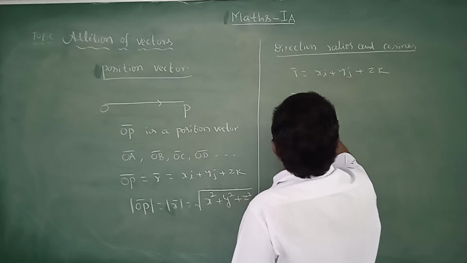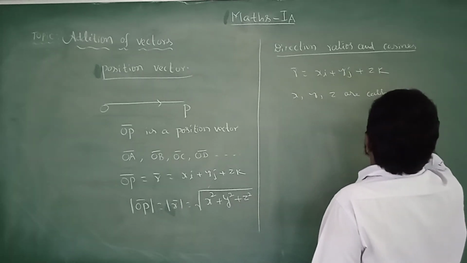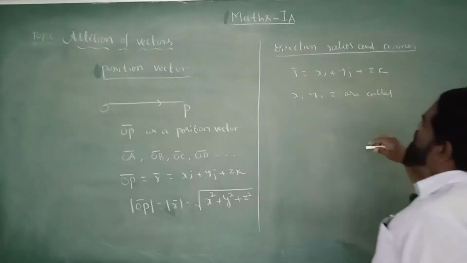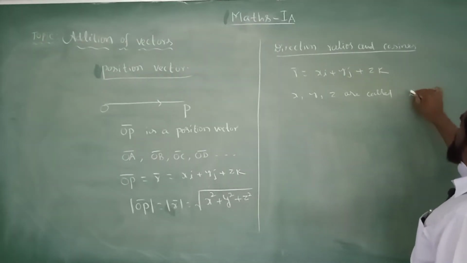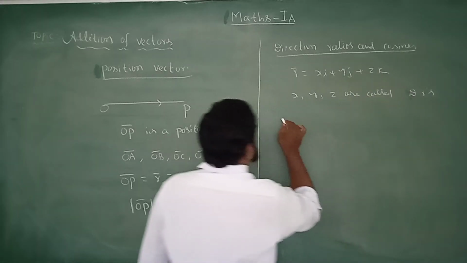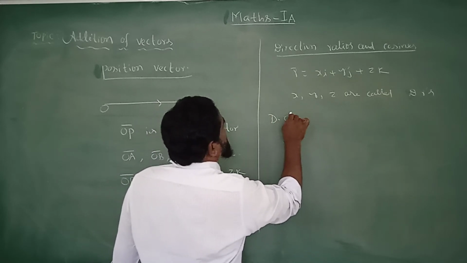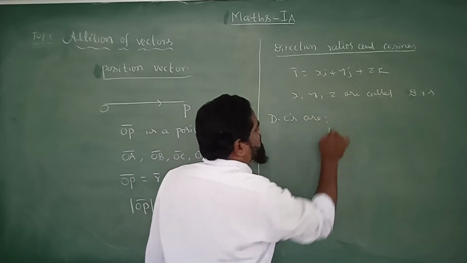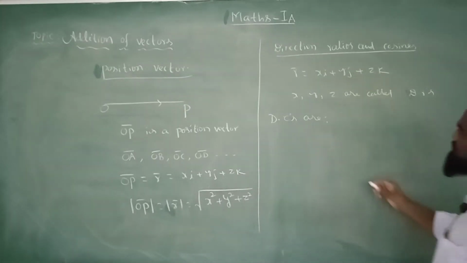The components x, y, z are called direction ratios, which are proportional to the cosines. Direction ratios. Direction cosines are as follows.